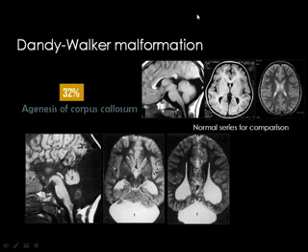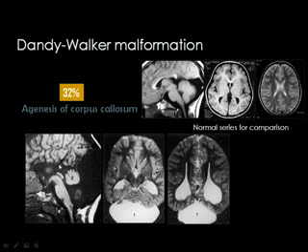Then the Dandy-Walker malformation and many of the hydrocephalic changes may be associated with agenesis of the corpus callosum. And this is a case of Dandy-Walker malformation. You see a posterior fossa cystic lesion which is communicating with the fourth ventricle through an aplastic cerebellar vermis, and you see dilated lateral ventricles.